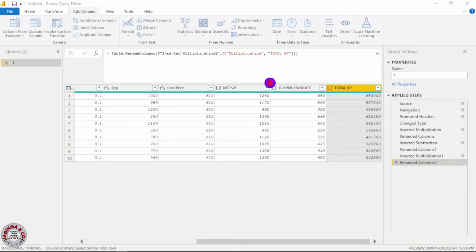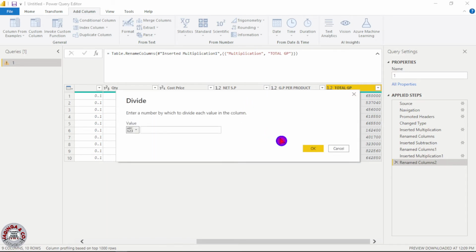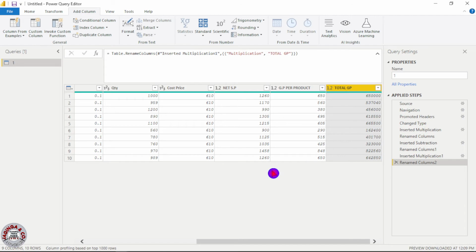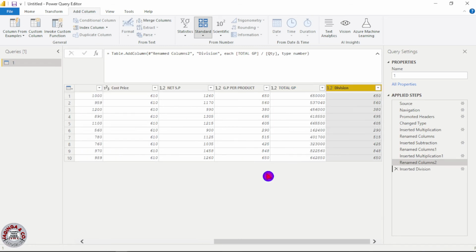We need to pick two columns, so let me just cancel this one first. I will pick these two columns, then again I will go to standard, then I will divide. So again now we are coming back to GP per product, because we had the total GP for all the products.